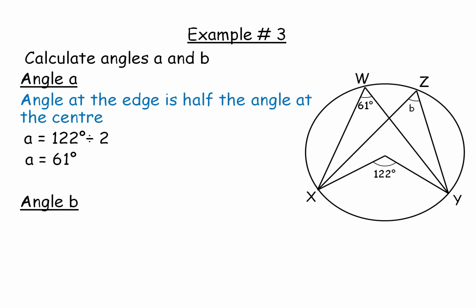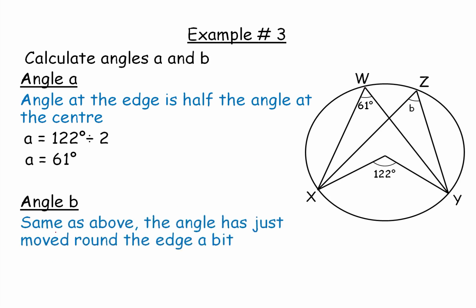For B, if you look clearly, B is just the same as A. It's like we shifted this angle from point W to Z. The angle has just moved round the edge a bit, so it will be the same.